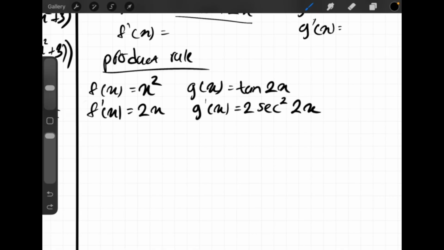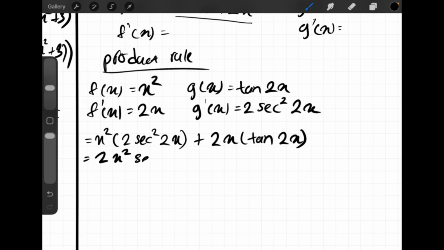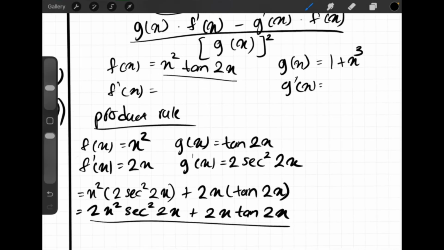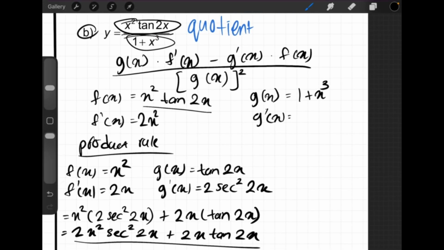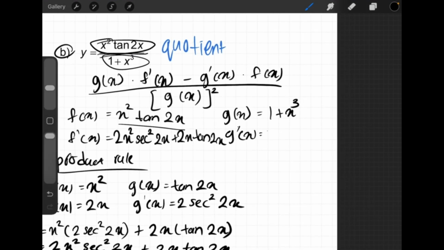We're going to arrange and simplify it, so the simplified form will be, so this is our f'(x) for question B: 2x squared secant squared 2x plus 2x tangent 2x. And our g'(x) is 3x squared.